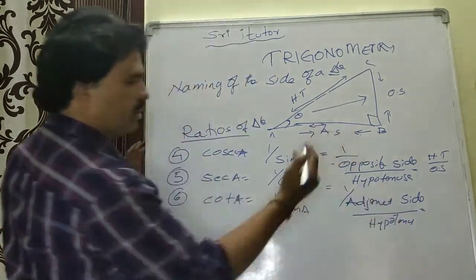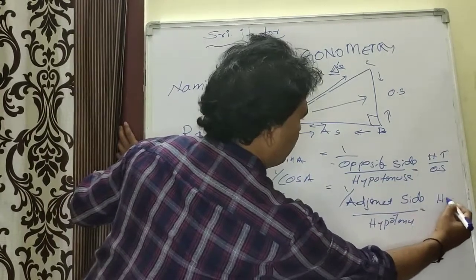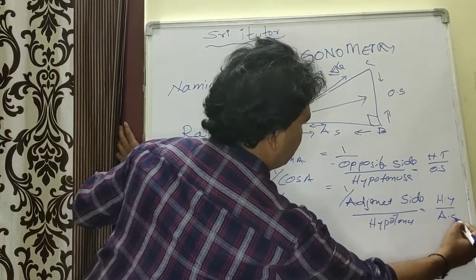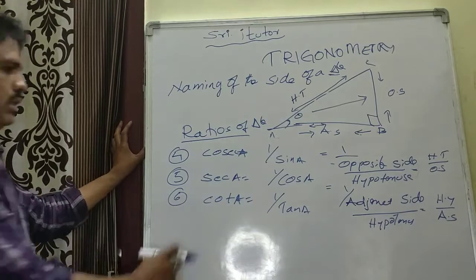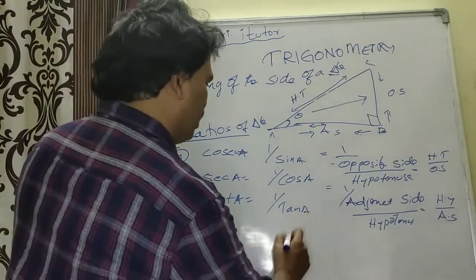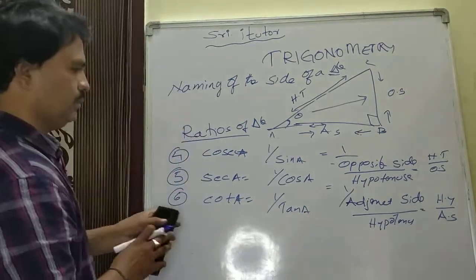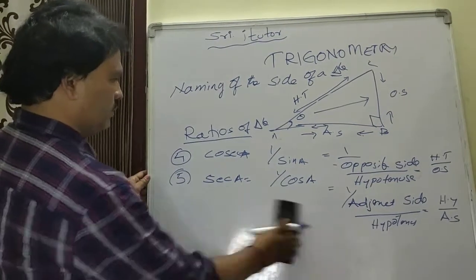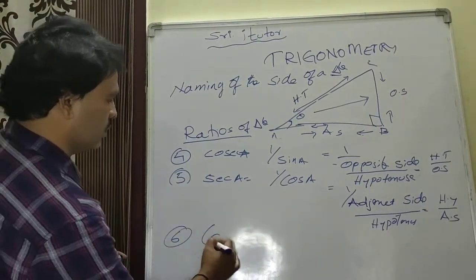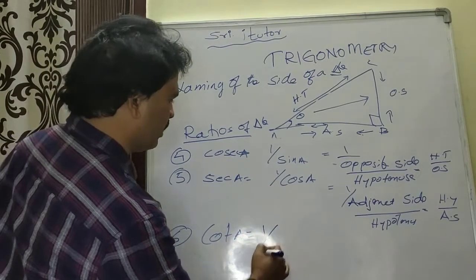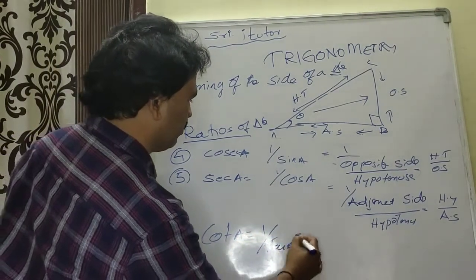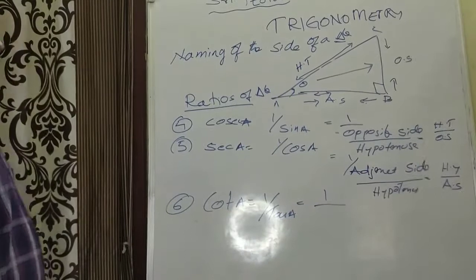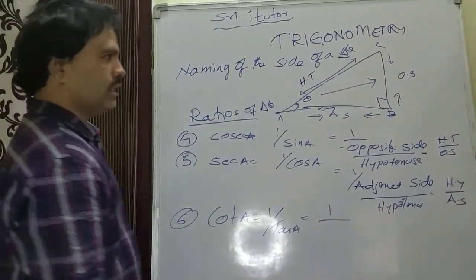That means the reverse, hypotenuse by adjacent side, right? The same with cot A. The sixth one is cot A. Cot A means 1 by tan A. Tan A means opposite side by adjacent side.